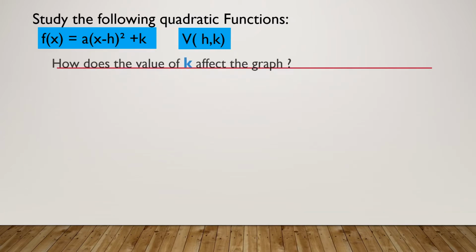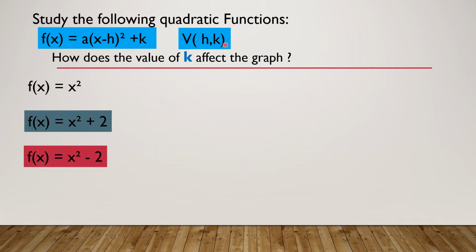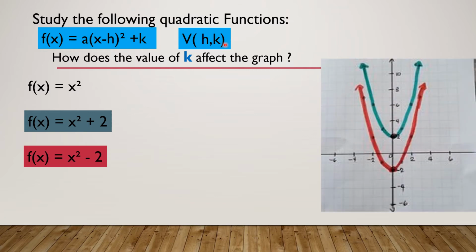Next, how does the value of k affect the graph? So ngayon, ang titingnan naman natin yung value ng k. Asan ang value ng k? Nandito, which is the y-coordinate of the vertex. Now, I have here f of x is equal to x squared plus 2, and f of x is equal to x squared minus 2. Now, here are the graphs of these two functions.